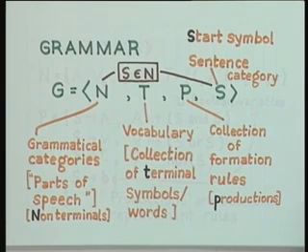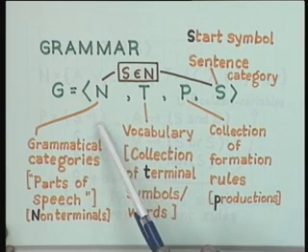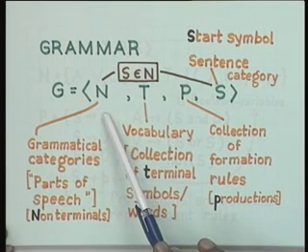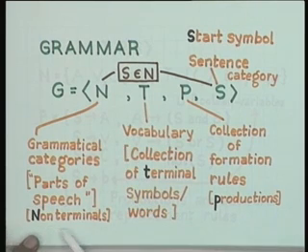So a grammar is really a 4-tuple of objects, where there is a set N, which is called the set of non-terminals.